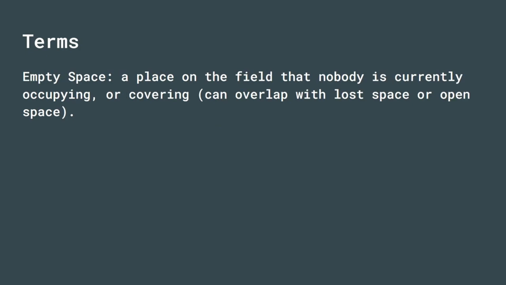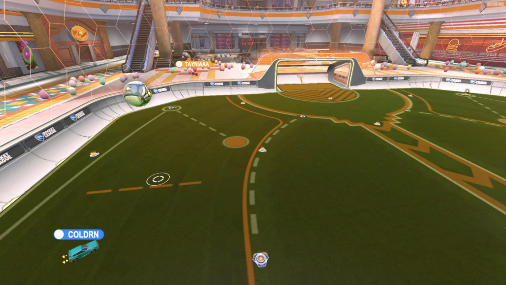Now, empty space is a place on the field that nobody is currently occupying or covering. And this can overlap with lost space or open space, which I'll explain next. If you look at this picture here, you can see that there's empty space behind the opponent on the corner. There is empty space on the backboard.